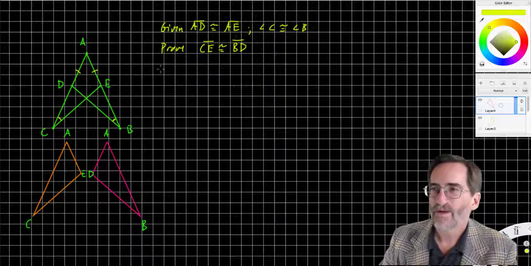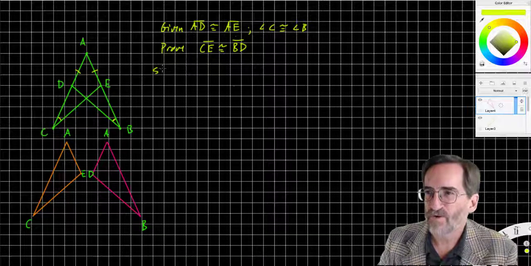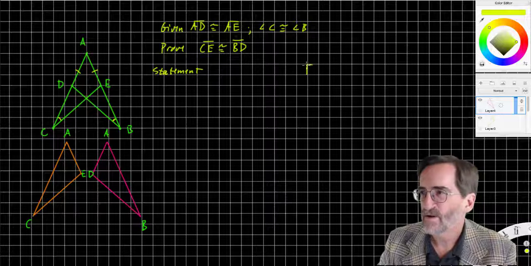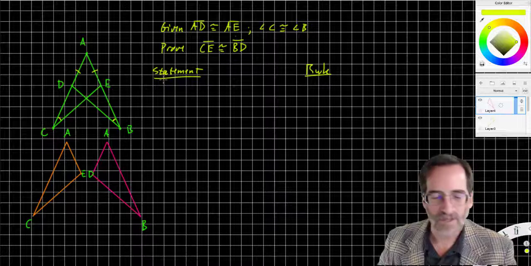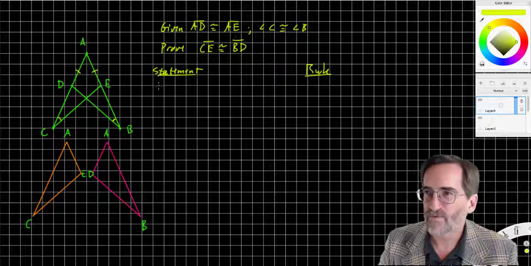Okay, so as with any good proof, we have statements and rules. We like to start with the given, so we're going to start right there.